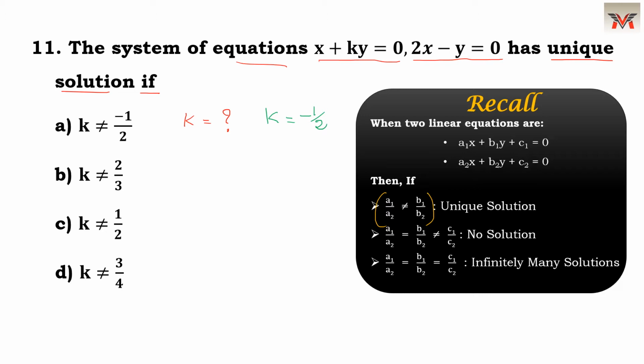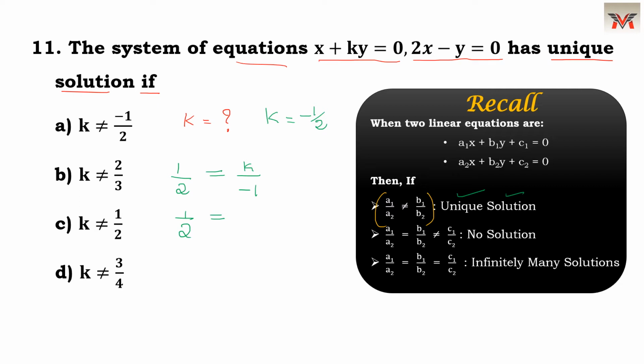Our condition is that a1 by a2 should not be equal to b1 by b2 for the unique solution, right? So here, what is a1 from the first equation? It is 1 and a2 is 2, and b1 is k and b2 is minus 1, correct? Let us substitute the value of k and check whether we get a1 by a2 not equal to b1 by b2.